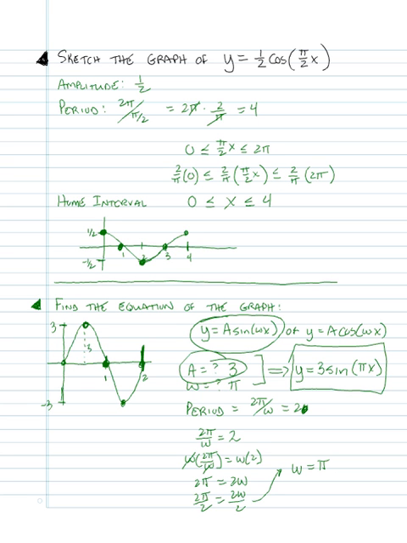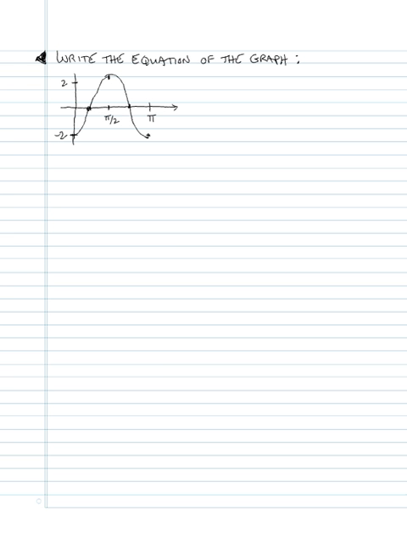Okay, let's do one more on the next page. Well, that's not a real beautiful graph. I apologize for that. But here's the graph we want to write the equation for. We're in the same position as we've got to decide: is this based on a sine function or a cosine function?